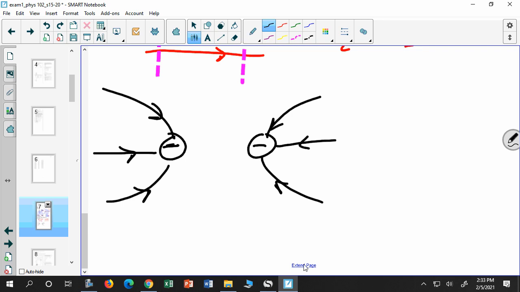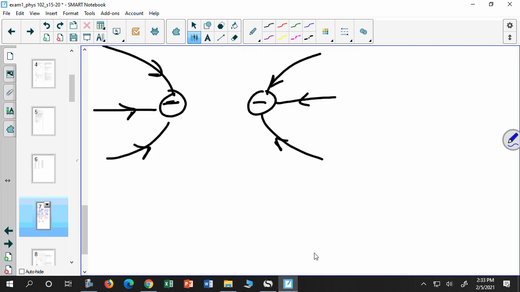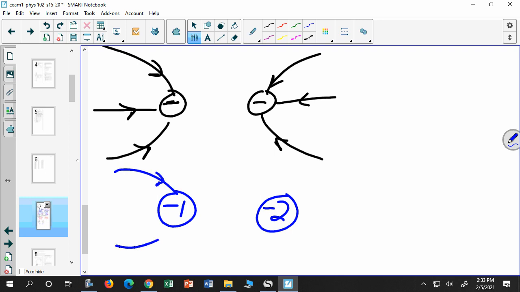If I have two charges that are different, then it would be similar. I would just have, in this case, twice as many field lines going into the -2 charge. This is the same as for the positive charges, except the arrows are going the opposite way.